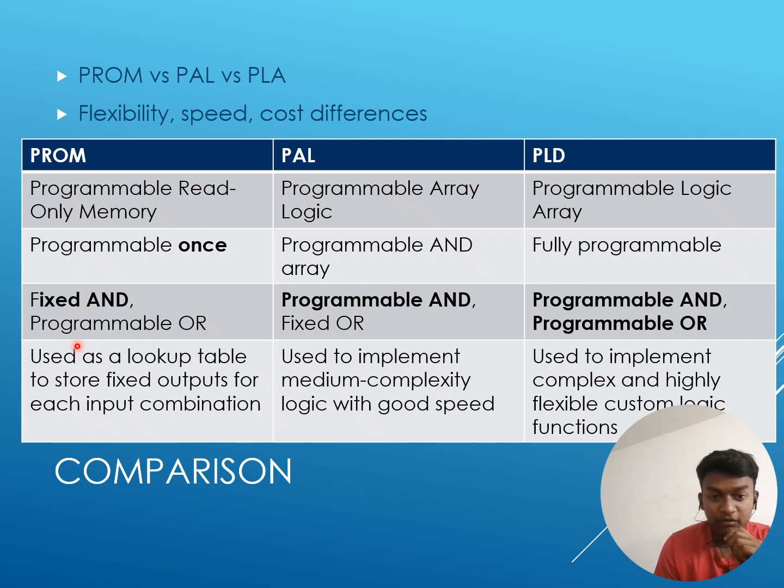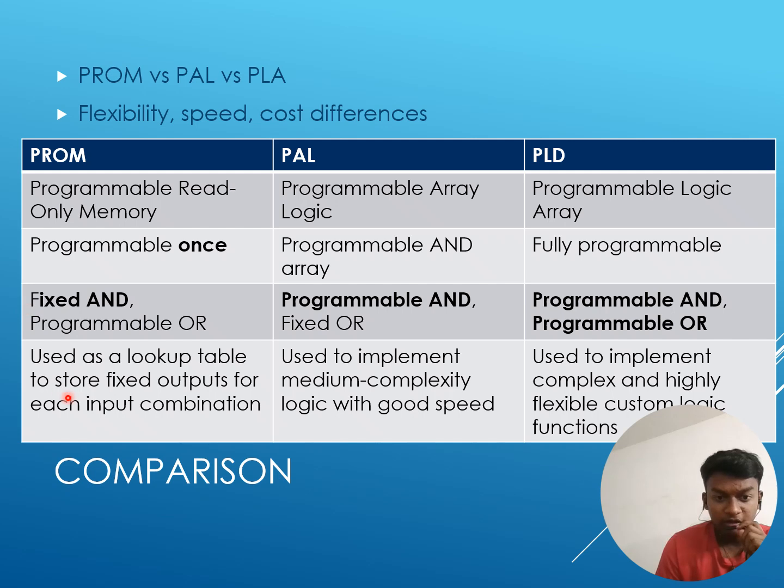In PROM, we have a fixed AND array and programmable OR array. In programmable array logic, it has a programmable AND array and fixed OR array. In PLA, it has a programmable AND array and also a programmable OR array.